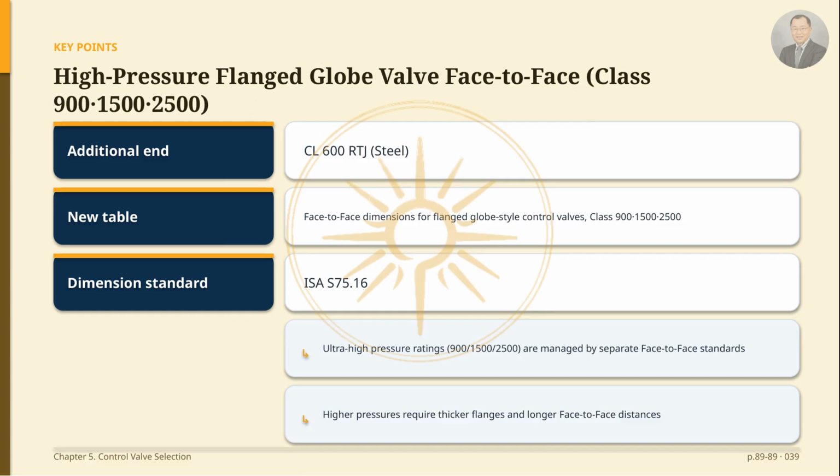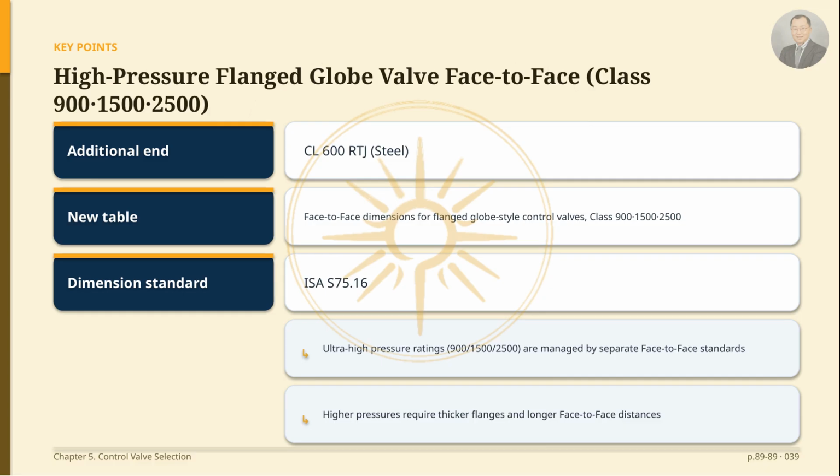The last column of the previous table includes the Class 600 ring-type joint steel end, and from here, a new table begins. The new table covers the face-to-face dimensions for flanged globe-style control valves corresponding to Class 900, 1500, and 2500, and the dimension standard is the ISA S75.16 specification.